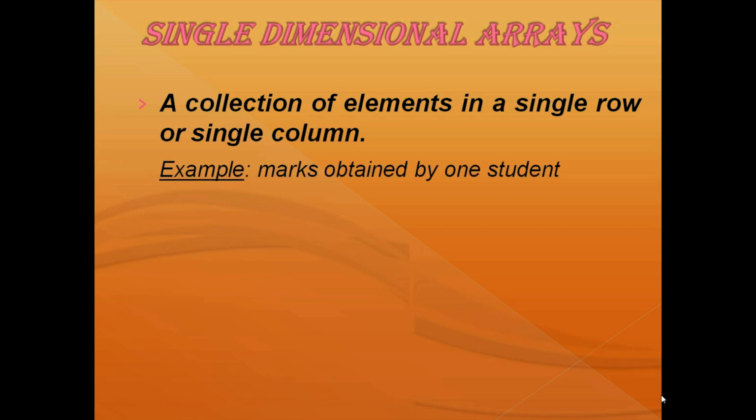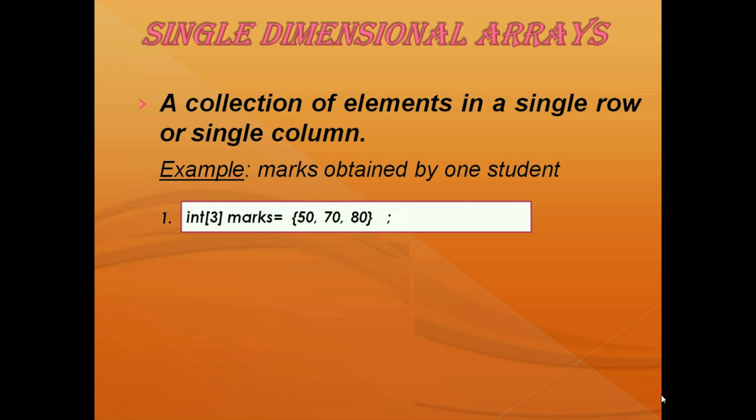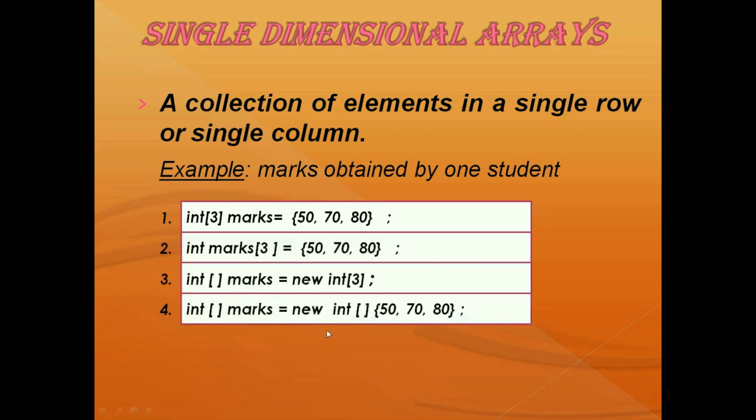For example, the marks obtained by one student in three different subjects can be represented by a single dimensional array, because these marks can be written as a single row or as a single column. And there are some more ways to create single dimensional array. So please check my previous video for more detail about single dimensional array.